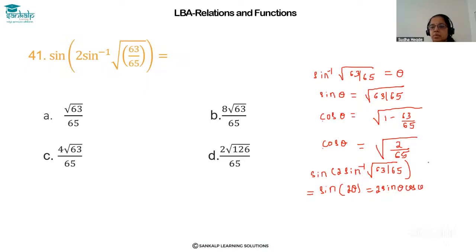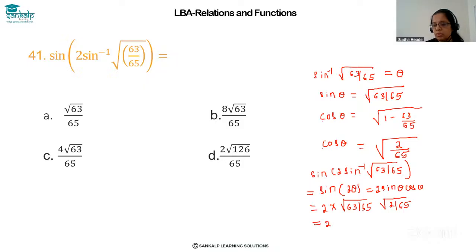Correct? Are you getting? So use the sin 2 theta formula, that is equal to 2 times, what is sin theta? Sin theta is root 63 by 65. What is cos theta? Cos theta is root 2 by 65. Simplify this.